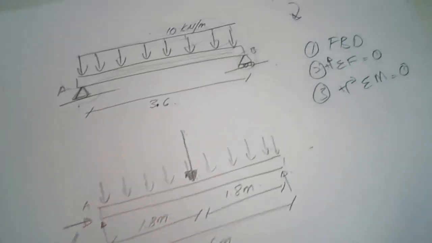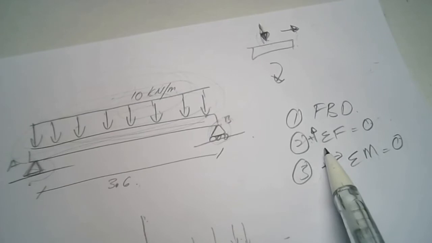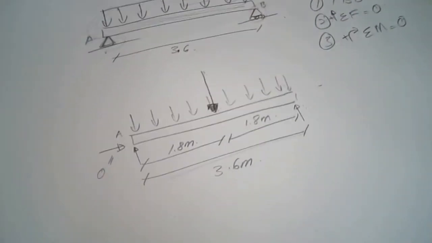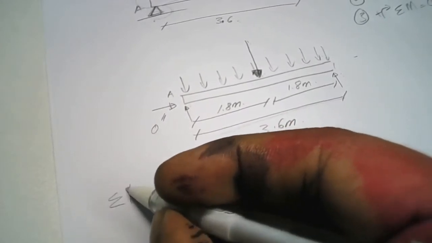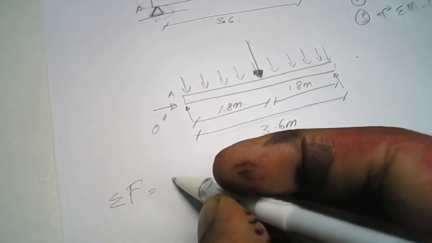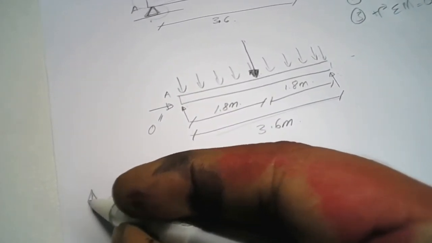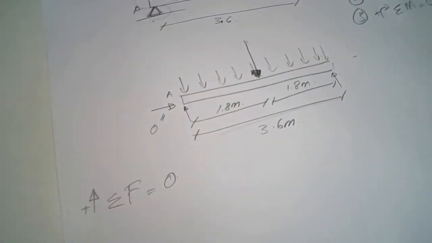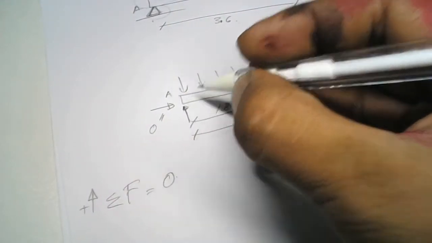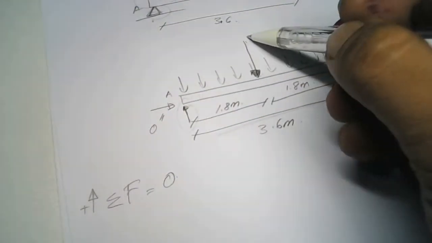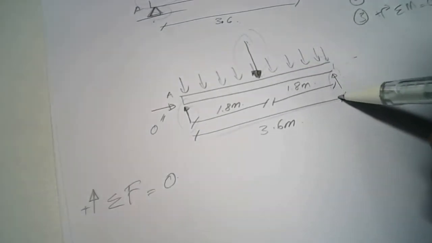We go to the second step, summation of F equal to 0, and I declare upward is positive. So how many forces do we have here? You have to count the forces first: 1, 2, and 3.